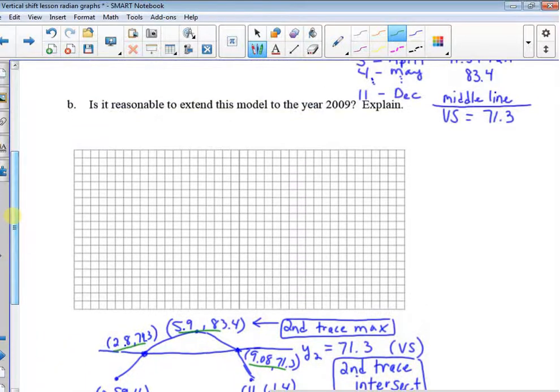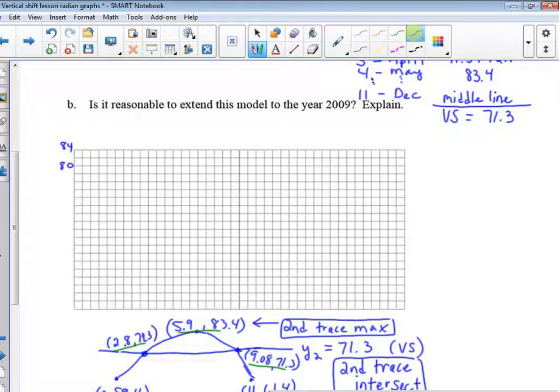So in plotting this, what I did was I put 84 right at the top. My highest is 83.4. And then I went down by 4s. So actually by 2s.